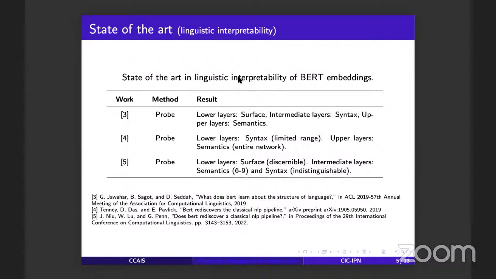But then reference number 4 mentioned that lower layers abstract syntax and upper layers abstract semantics. And in reference 5, the newer work, he said the lower layers abstract surface and intermediate layers.